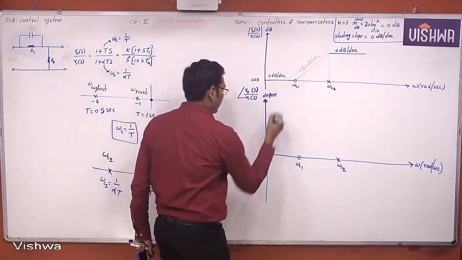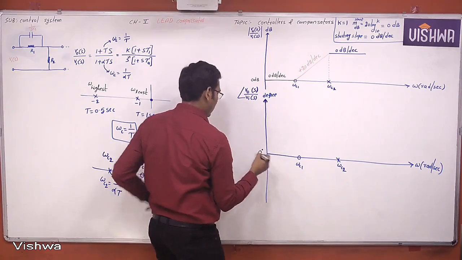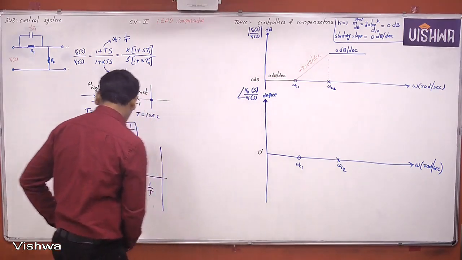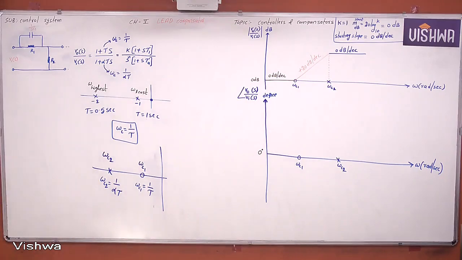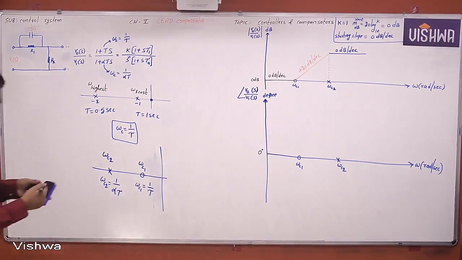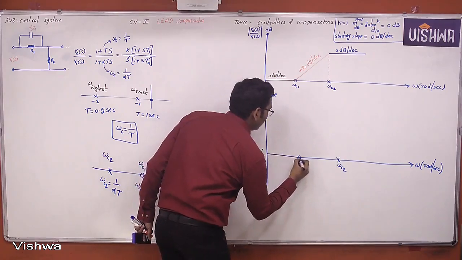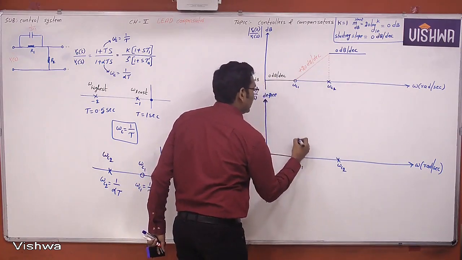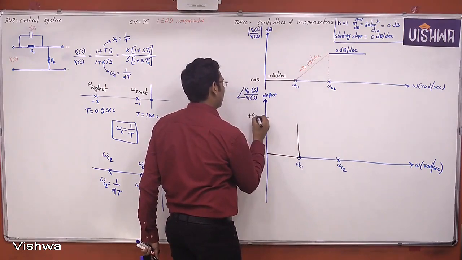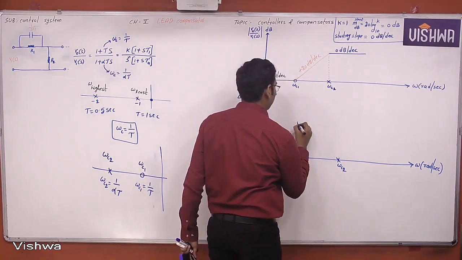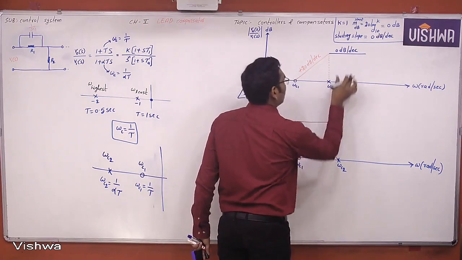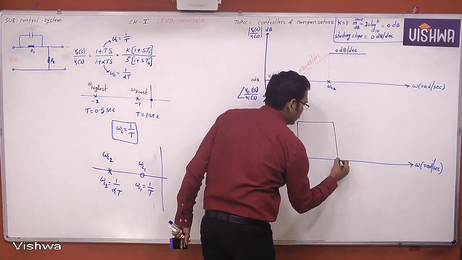This is 0 dB per decade, which means this is 0 degrees. This is plus 20 dB per decade, this is plus 90 degrees. Now this is 0 dB per decade, this is 0 degrees.